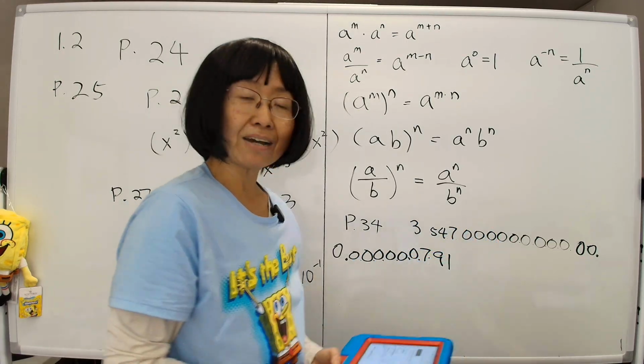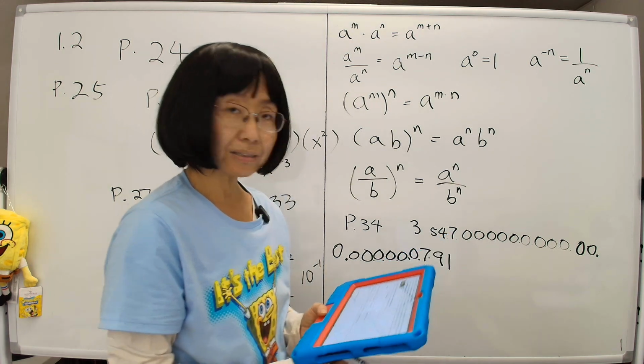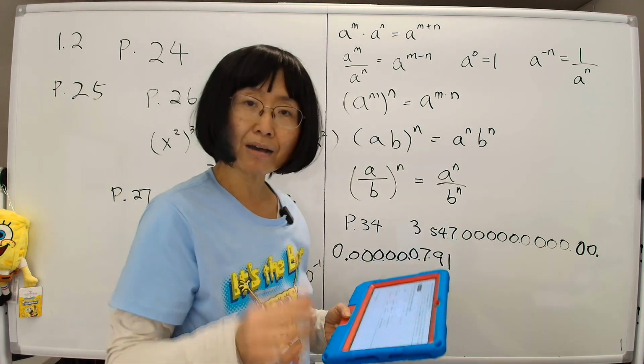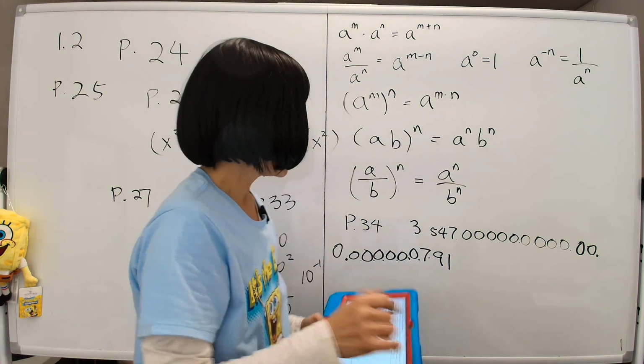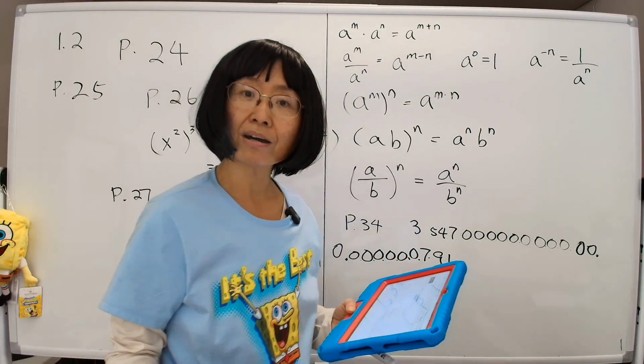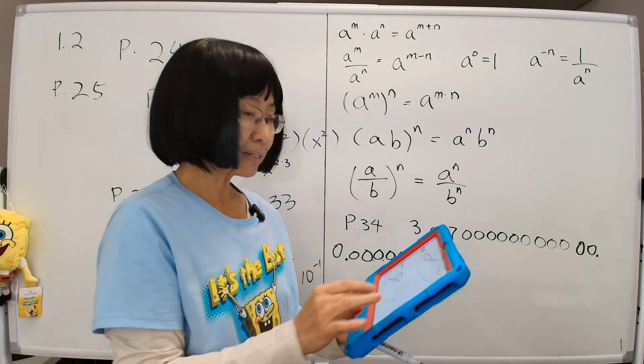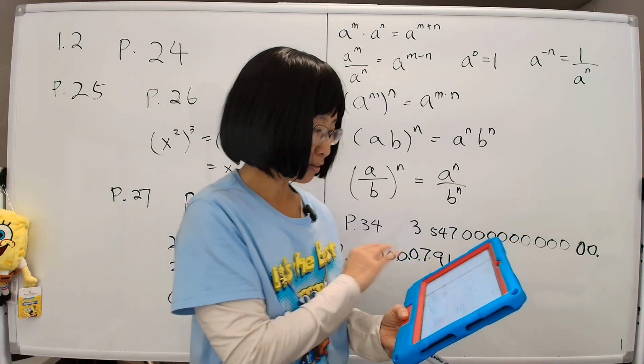So that's how you do scientific notation. Basically, the 10 to the whatever power means how far you're going to move the decimal point, either to make it extremely small or extremely big, depending on whether the power of 10 is positive or negative. So please do example 11 as part of your homework.